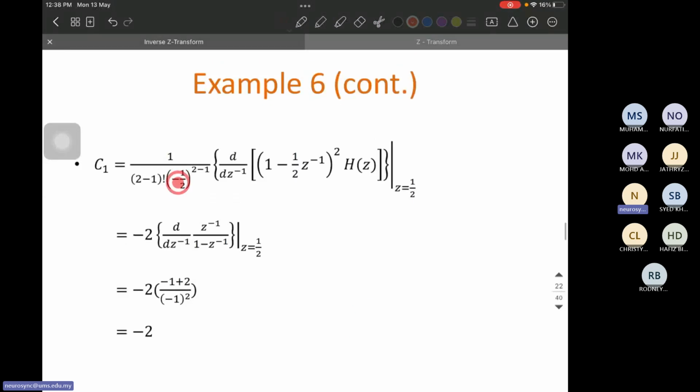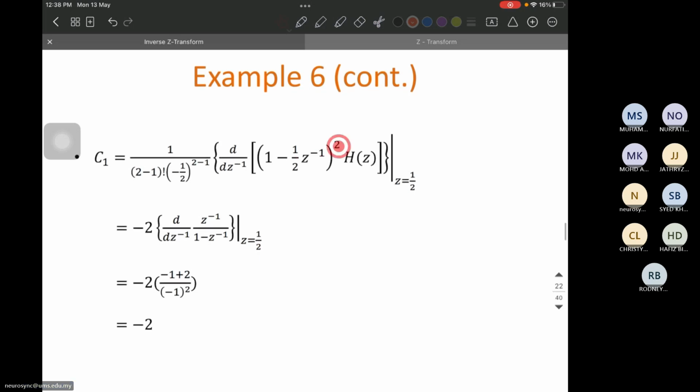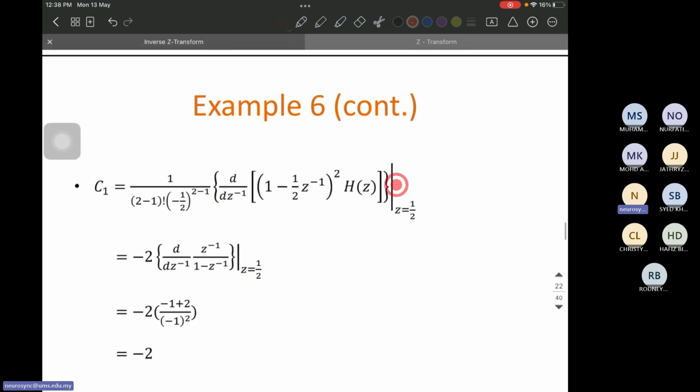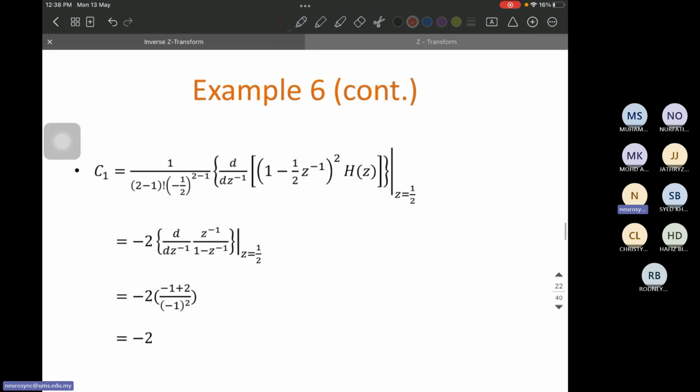Di value is minus 1 by 2. So minus di to the power S minus 1. Therefore, this d by dz of minus 1, and this square into H of z at z equal to 1 by 2 we need to calculate. Okay. So if you solve this, you will get the value minus 2.